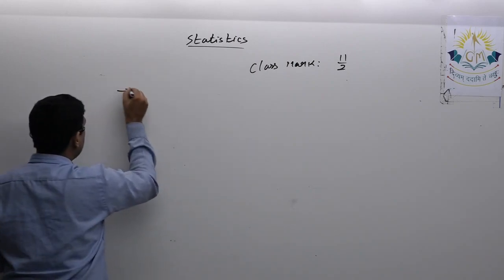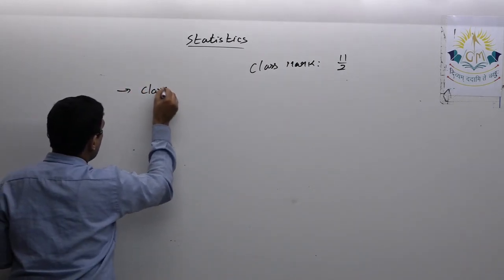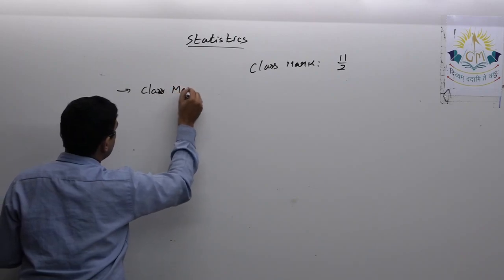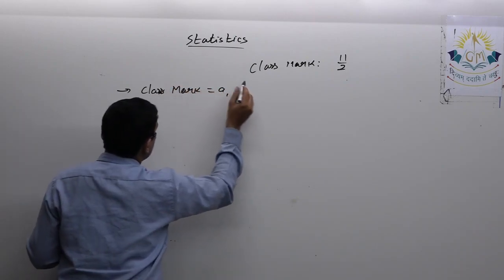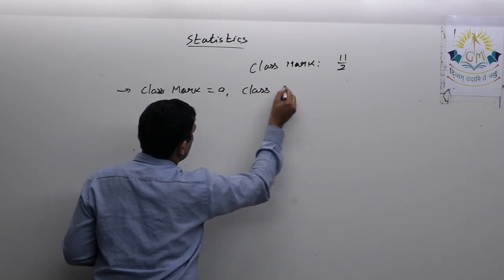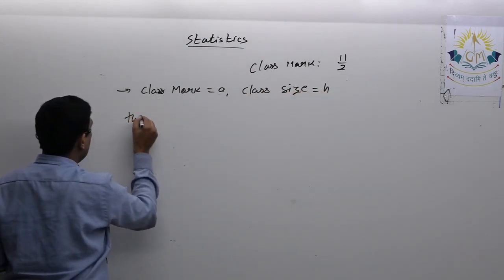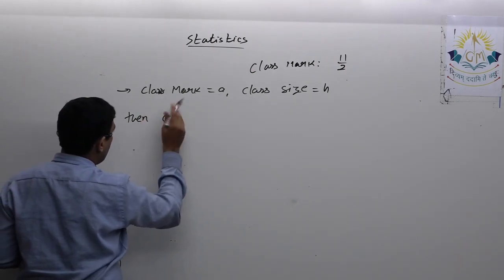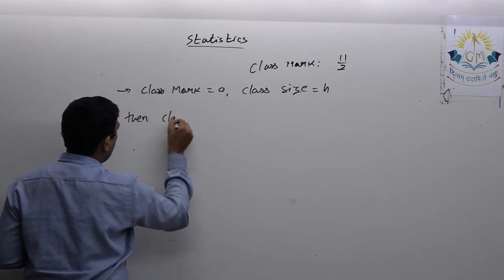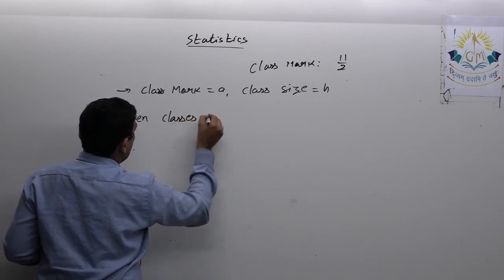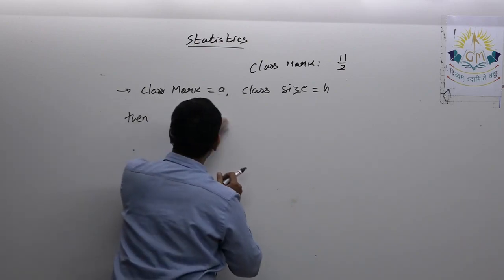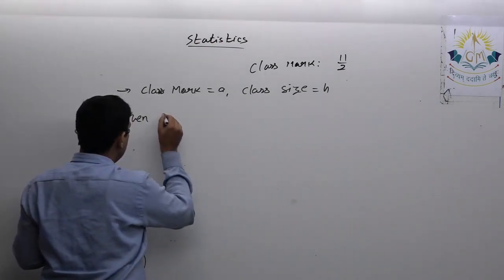Next is, if class mark is A and class size is H, then classes can be defined in this way.